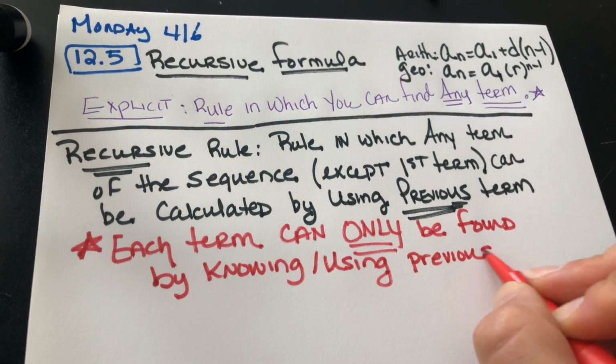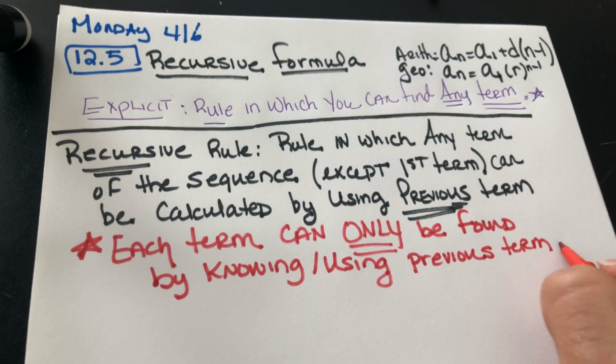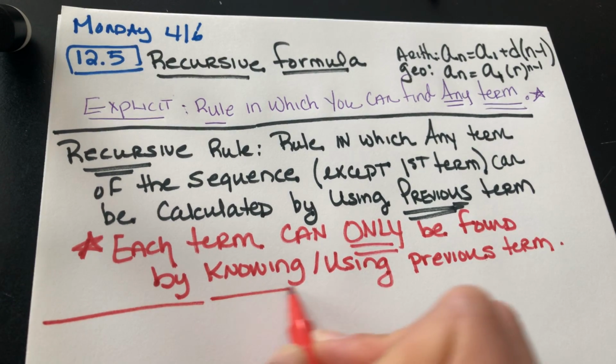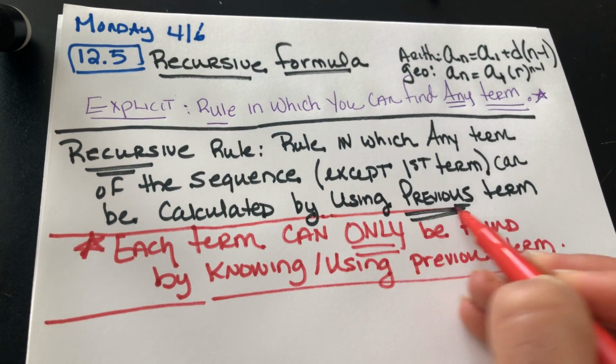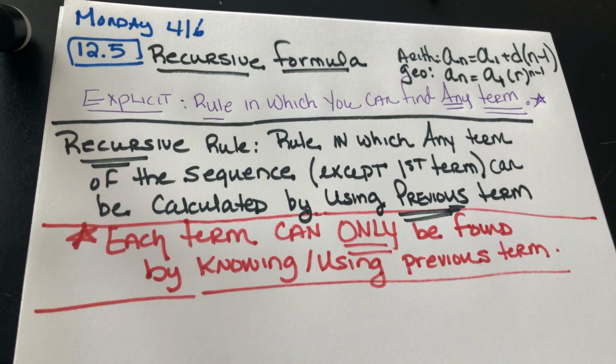So really what this means is if you want to find the third term, then you better know the second term. If you want to find the 10th term, then you better know the 9th term, which means if you want to know the 9th term, you have to find the 8th term, the 7th term, the 6th term, and the 5th term. So that's the huge difference.